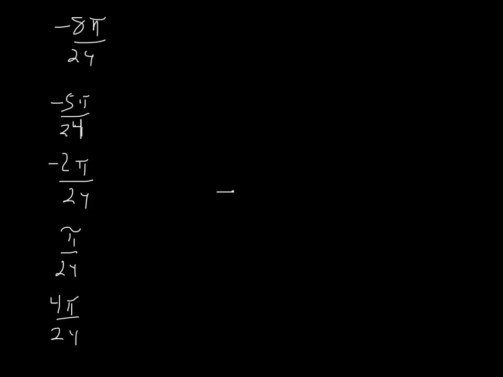Now with tangent curves, our first and our last point will be our vertical asymptote. This will be our asymptote, and this will be our asymptote.